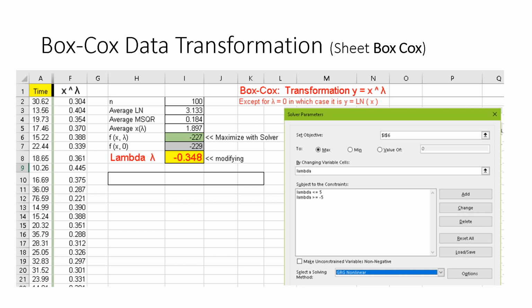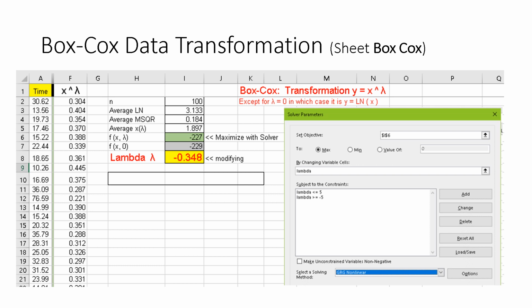We will calculate this value from the time data in column A of sheet box Cox. To calculate lambda, we will use Excel solver. We calculate lambda in cell I8 by maximizing cell I6.